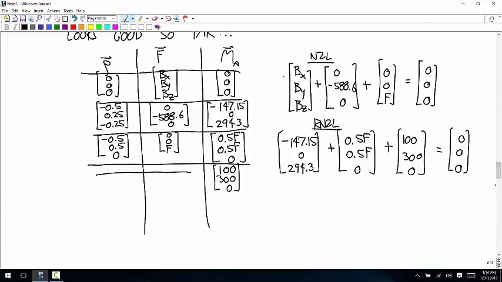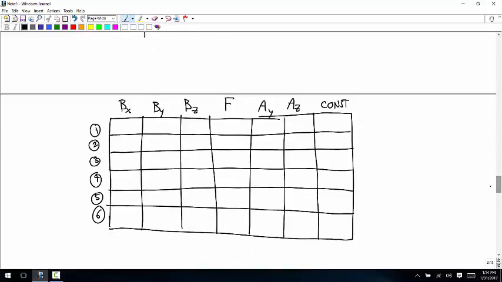So the first equation says, well, bx is equal to 0. We don't really have to solve for that. That just tells us bx is equal to 0, but I'm just going to put it in here. So 1 times bx is equal to 0, and all the rest are zeros. I'm only going to put in the non-zero coefficients.